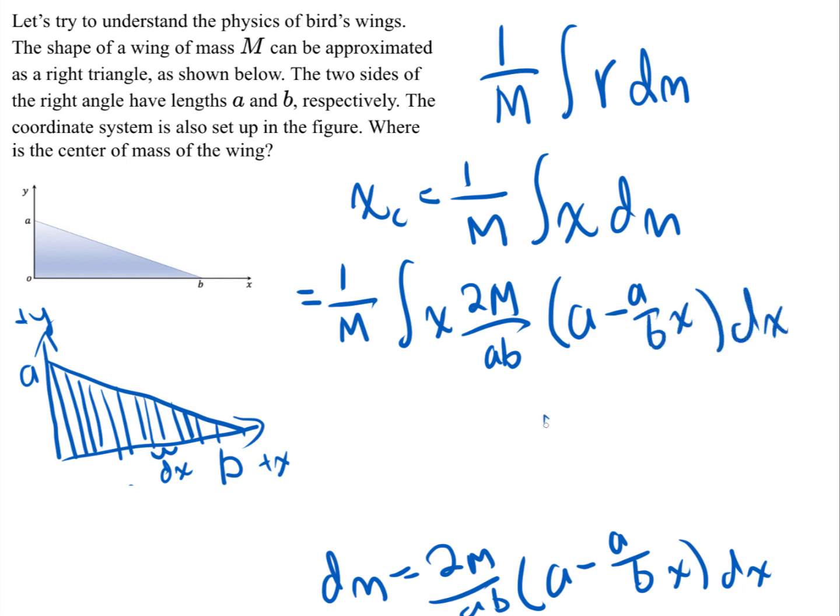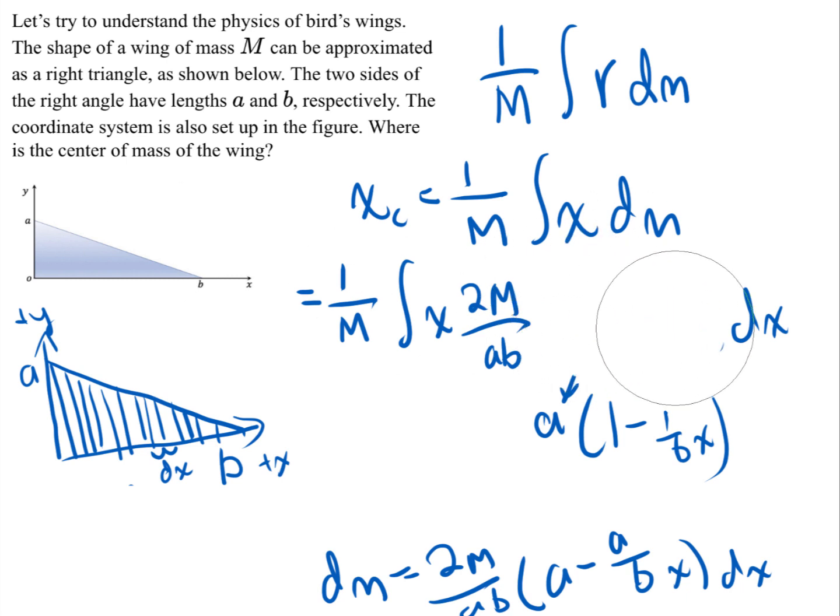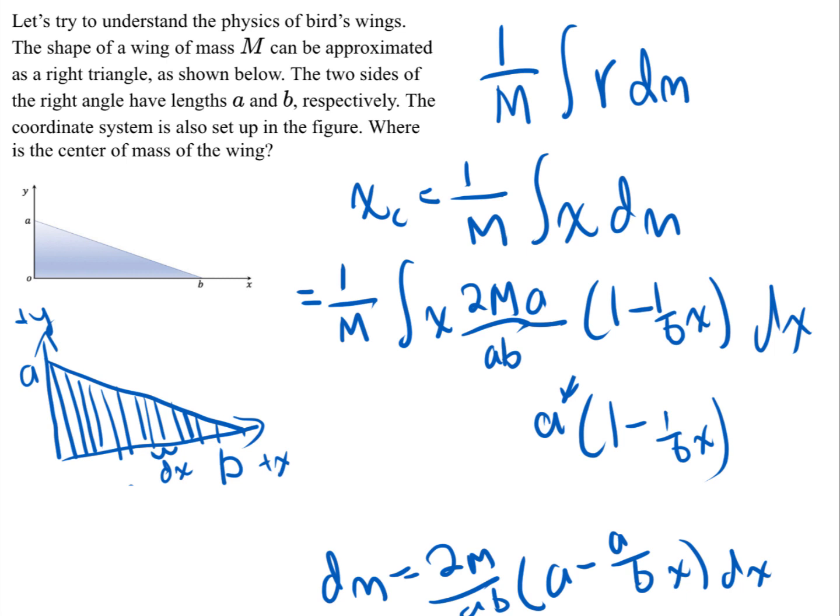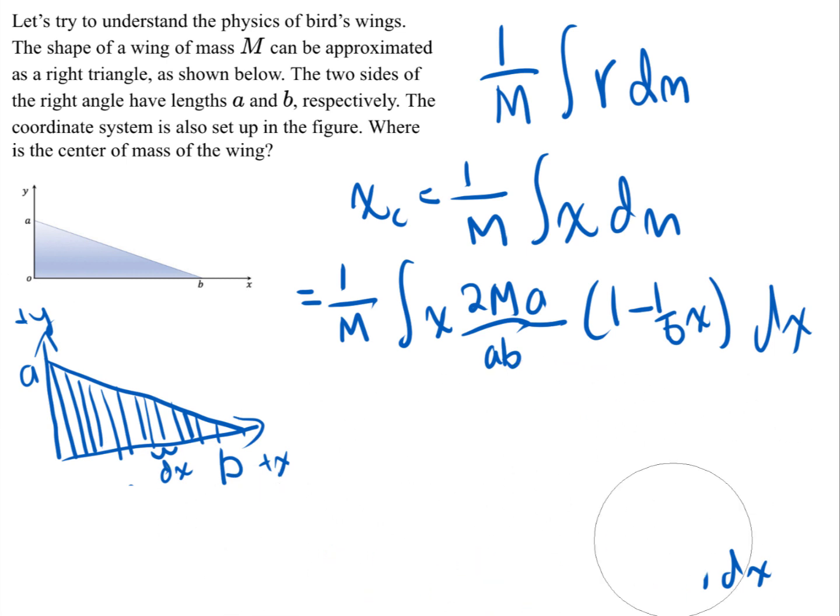And notice we can factor a out of here to get a times (1 minus 1 over b x). So if I replace this part with that, it is 2ma over ab times (1 minus 1 over b x) dx. And that is the integral that we have to evaluate after plugging in our value for dm.